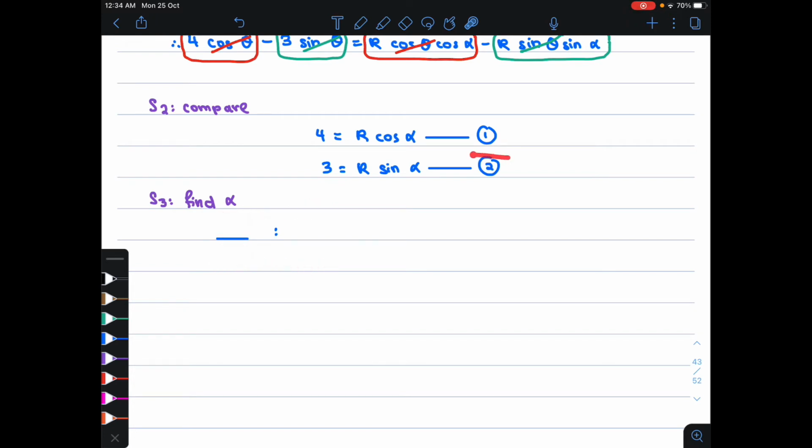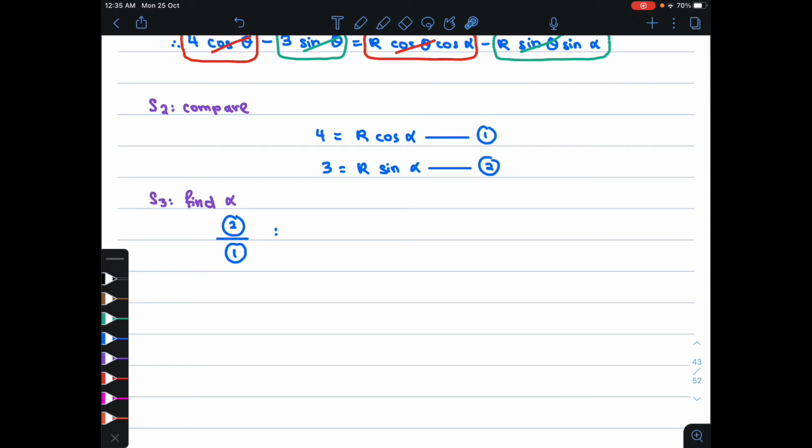Equation 2 has sine, so equation 2 should be in the numerator, and equation 1 has cos, so equation 1 should be the denominator. So equation 2 must be divided by equation 1.